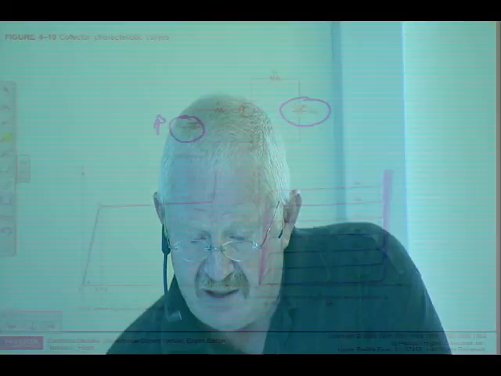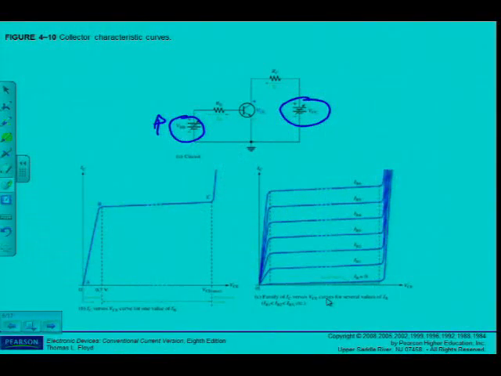So what will happen as I increase VBB, VCE is going to increase. You can see that I have a curve here of IC against VCE. As I increase, here you can see are my different IB currents. Of course, IB is going to increase as I increase VBB.